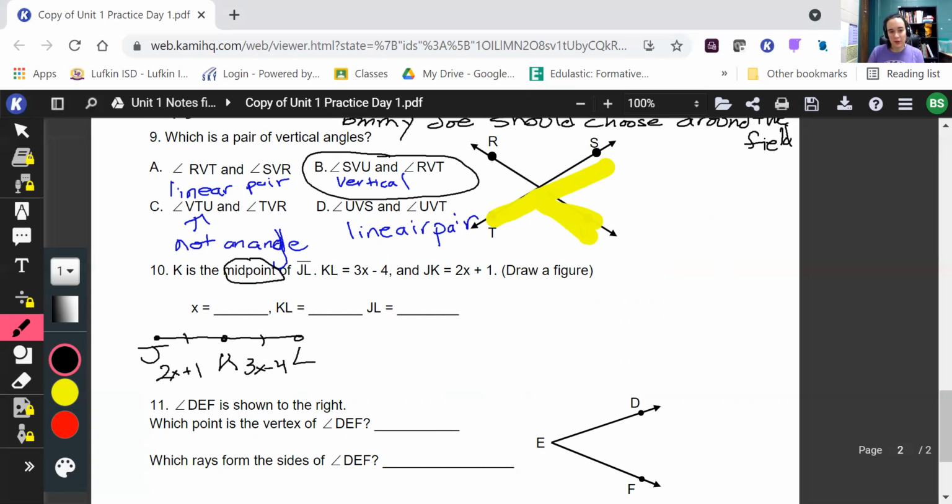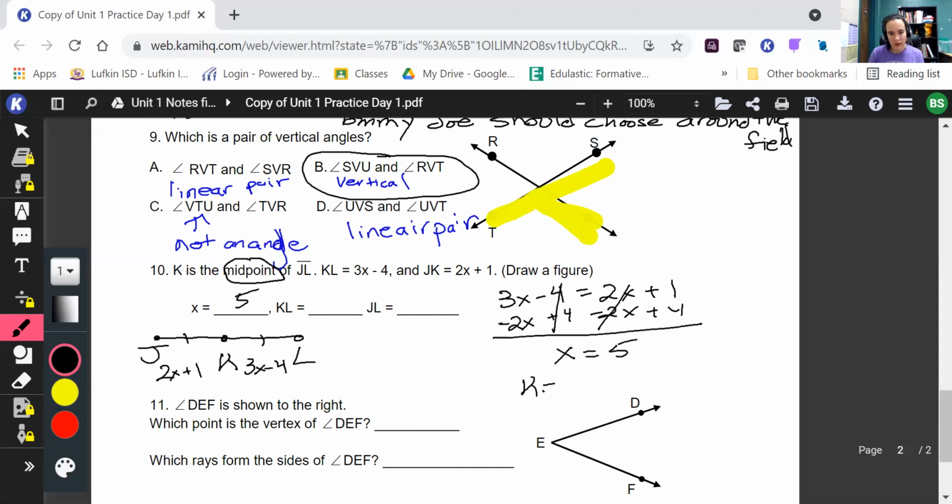So we have congruent segments here. So that means we can set these equal to each other. So 3x minus 4 equals 2x plus 1. Subtract 2x from both sides and add 4 to both sides. It gets us x equaling 5. And then we can substitute.